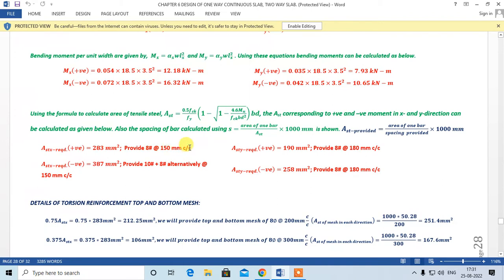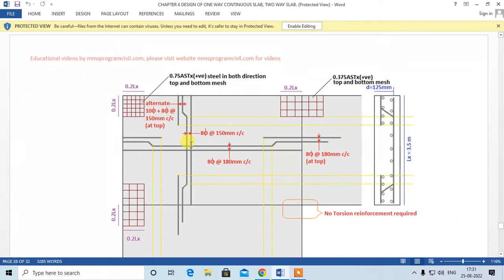This is our slab, this is our corner slab. This is your shorter span, this is your longer span. The main steel is going to be along the shorter span. So this is the steel for Mx positive. We are providing 8 at 150, so provide one straight bar and another bent-up bar. This is how we show the detail.